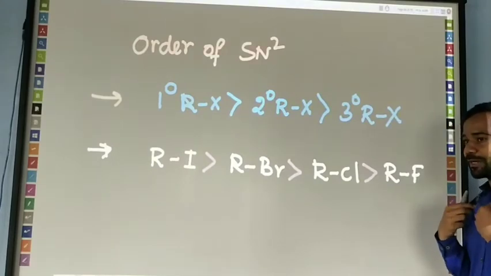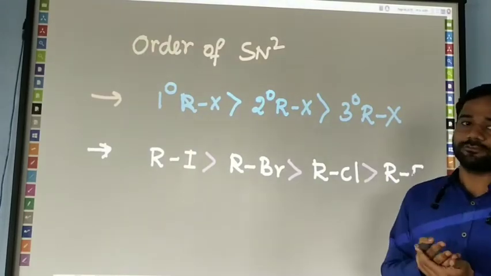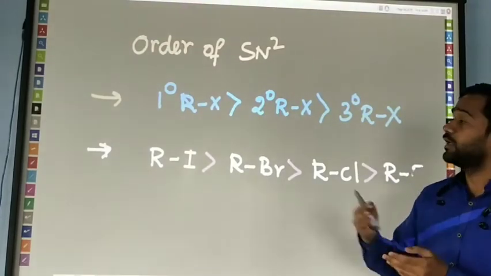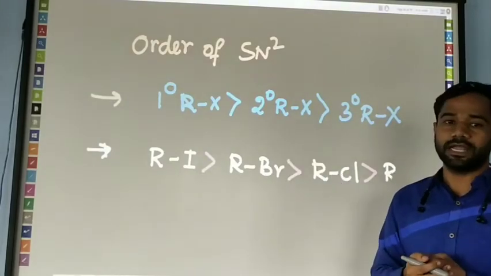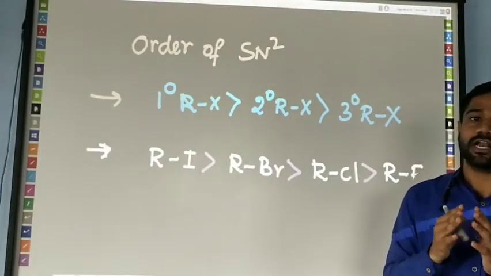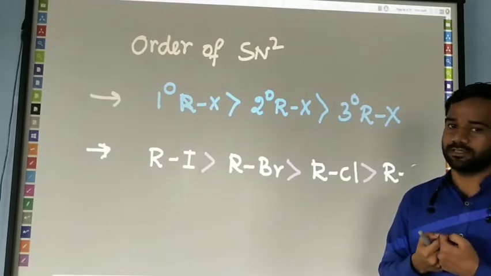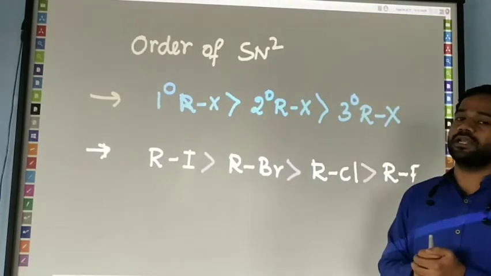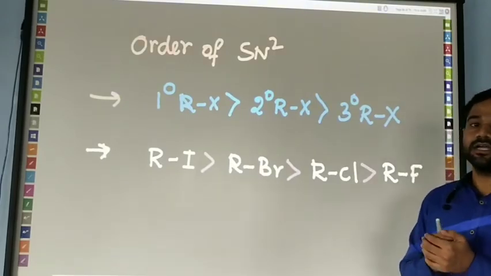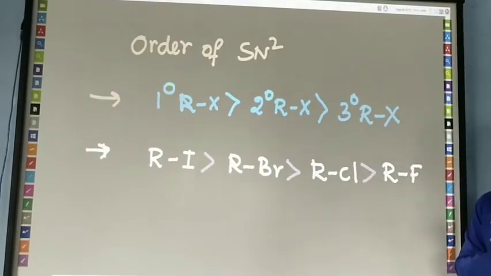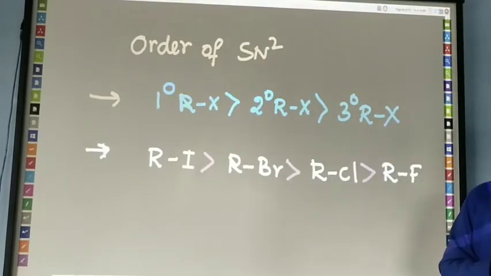Why will the primary alkyl halide react faster? Because in the primary alkyl halide there is no crowding, or we call it no steric hindrance. But in the case of the tertiary alkyl halide, you are going to find more steric hindrance.